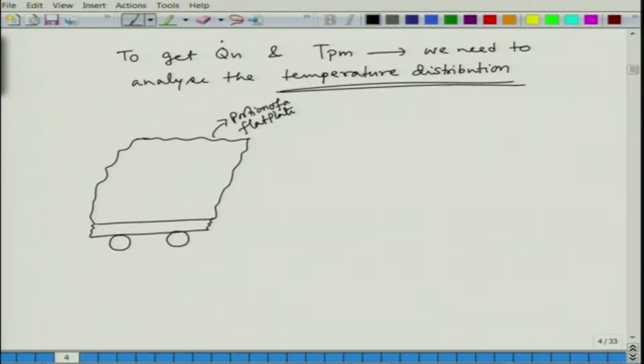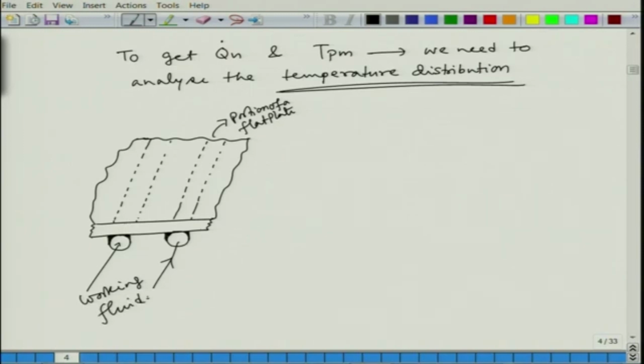Below this you have working fluid carrying tubes which are bonded at the bottom of the absorber plate. So, these are fluid carrying tubes, and fluid is going in this direction.